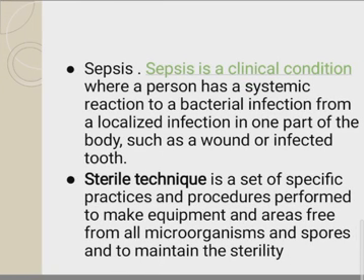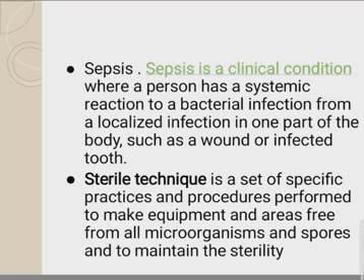Sepsis. Sepsis is just the opposite of asepsis. Sepsis is a clinical condition where a person has a systemic reaction to a bacterial infection from a localized infection in one part of the body, such as a wound or infected tooth.